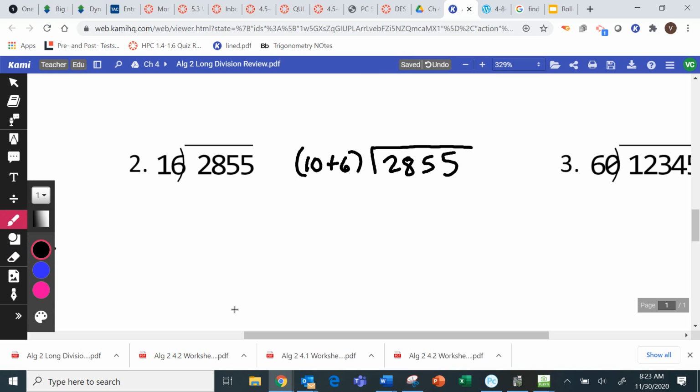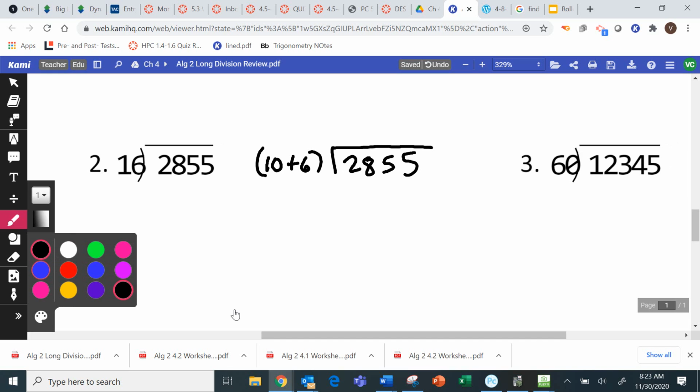I'm trying to help us do what we need to do today. So we're going to go over it again. We're going to start with what first? Everybody. What do we do first? Divide. Let's try it again. Everybody. What do we do first? Okay. So I'm going to divide 16 into 28.